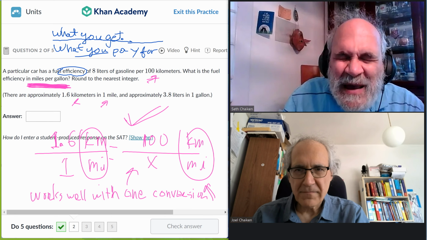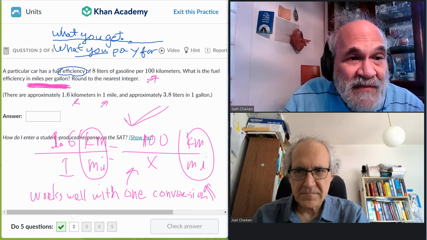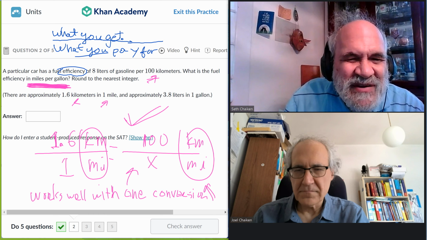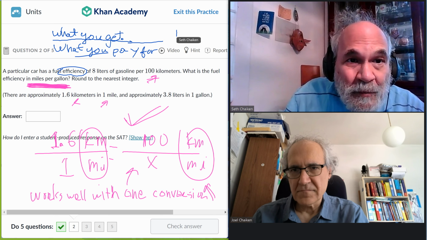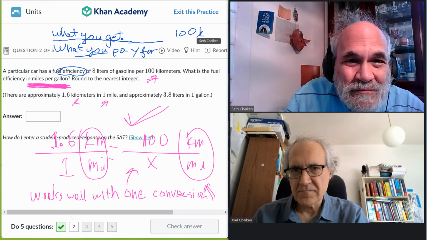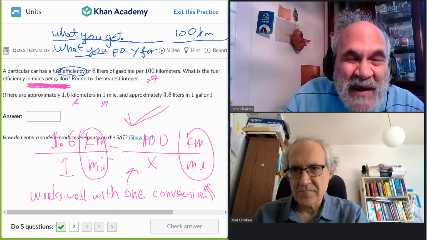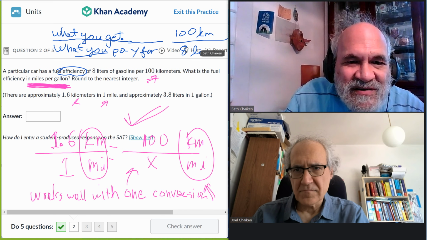The units of efficiency that you're given are for 100 kilometers. That's what you get, a 100-kilometer trip. And what you pay for is 8 liters of gas.